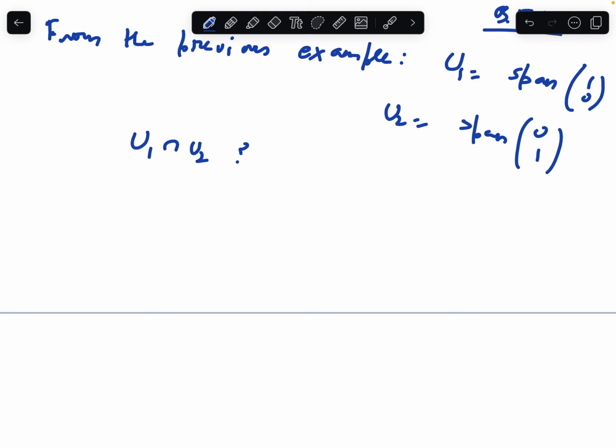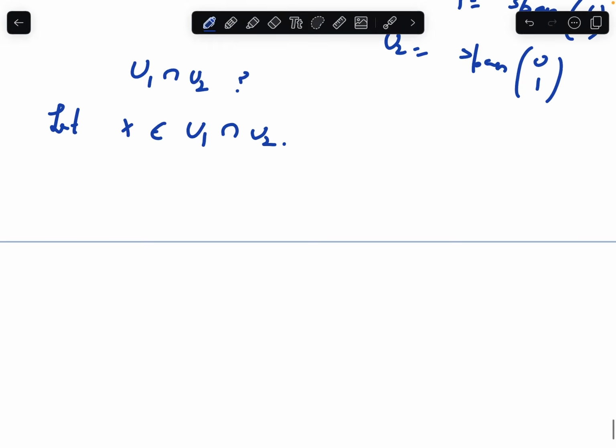So, let x belong to U1 intersection U2. So, x is in U1 and x is in U2.